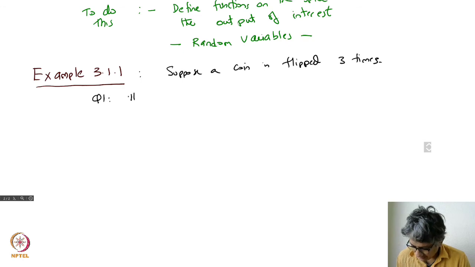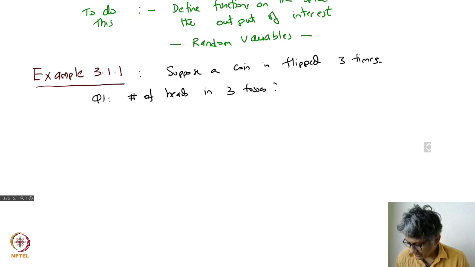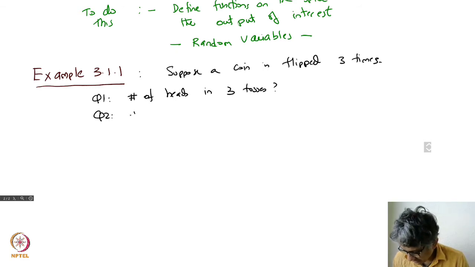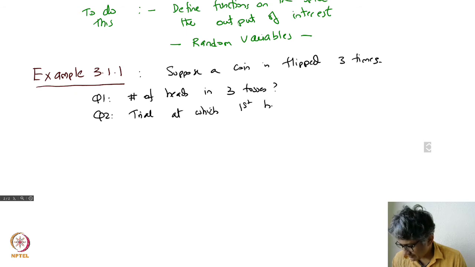Question 1 is the number of heads in 3 tosses. Question 2 is the trial, if it exists, at which the first head shows up.